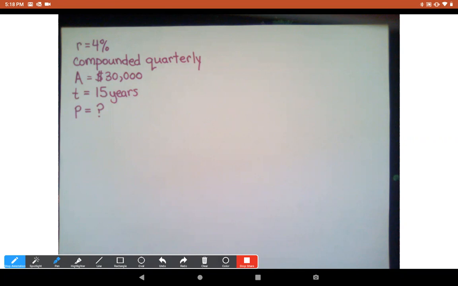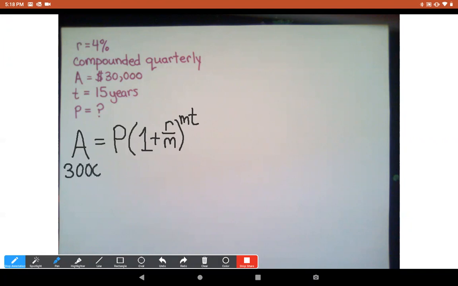Using the compound interest formula, which is A equals P times the quantity, 1 plus R over M raised to the power M times T. We don't know what P is this time. We know we want $30,000 in the end.